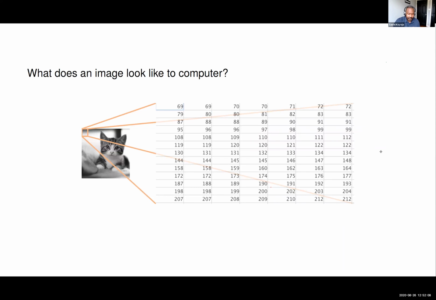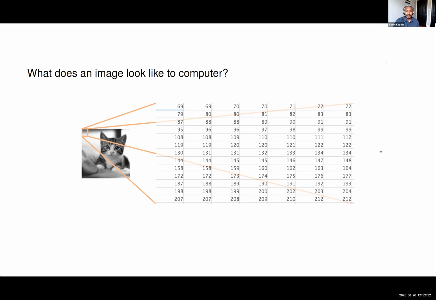So here's a fun trick. You can import images into Excel, say a grayscale image, and look at what the image looks like. And what you'll see is that it's a set of numbers. In particular, each grayscale value is essentially telling you an intensity of how dark or light a particular pixel is, which is sort of a little block in the image.